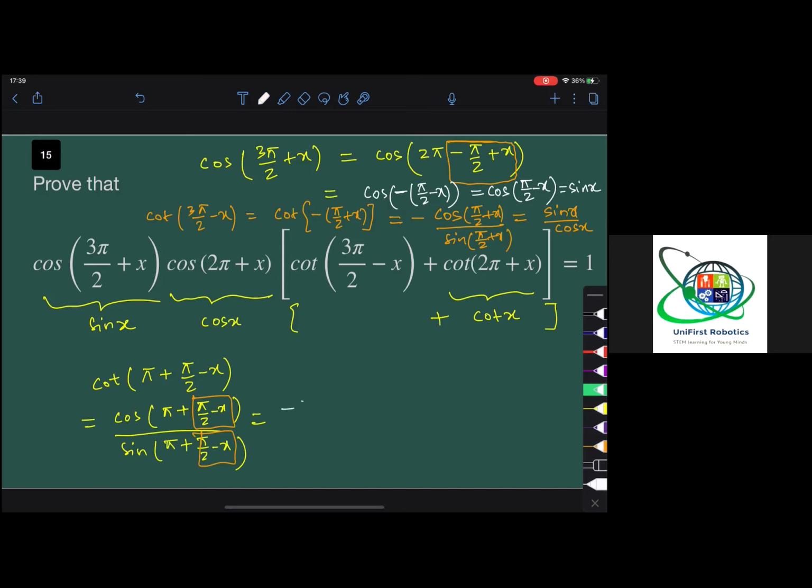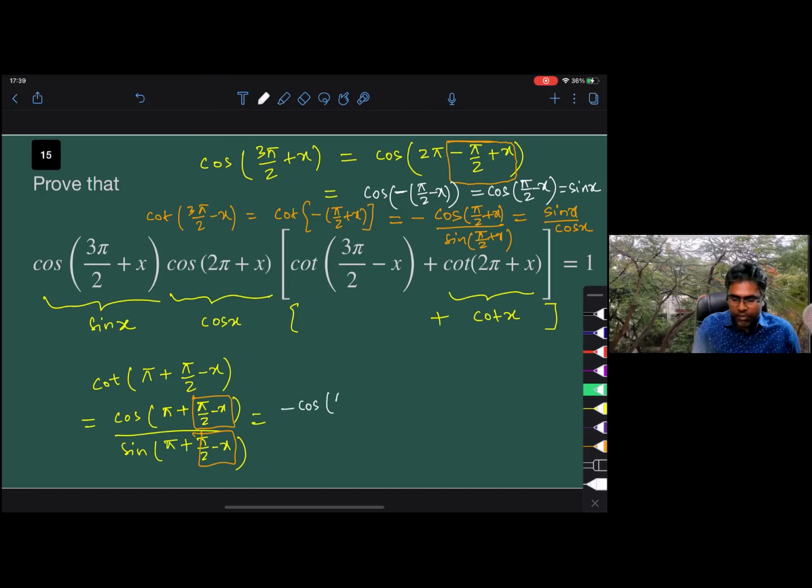So that will be minus cos of pi by 2 minus x. And then this will give you again negative sine pi by 2 minus x. Then you will end up having, this is sine.